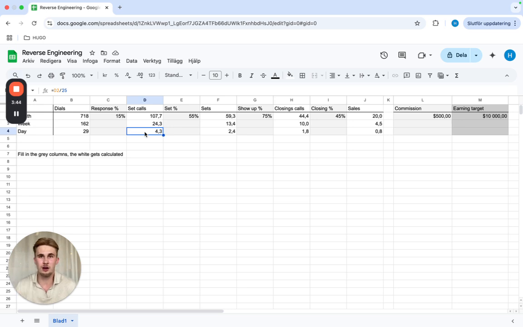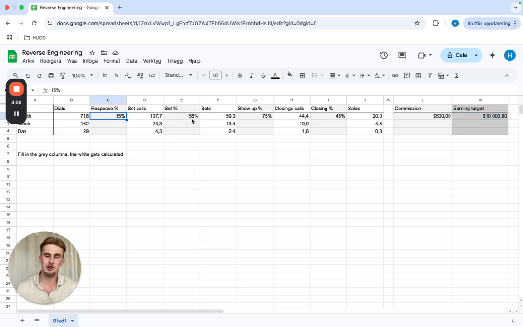Then just keep dialing, because you know, in order for you to reach 10k, you need to have this. And it's the same with sets, it's the same with closing calls. So you cannot just get stuck with this number. If you haven't hit the other numbers, then you have to increase your input. So that's the number one thing: what you need to do on a daily basis in order for you to reach your target.